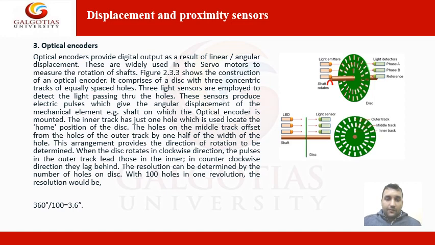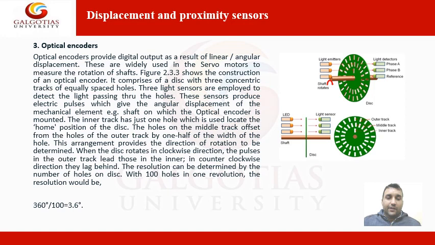It comprises a disk with three concentric tracks of equally spaced holes. These are the holes. Three light sensors are employed to detect the light passing through the holes.